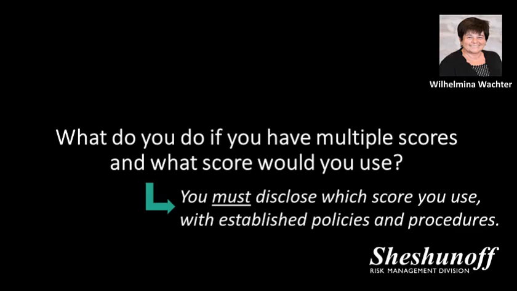The creditor should have policies and procedures established to determine which of the multiple credit scores is used in taking adverse action. If you use 3 scores to make your decision, then choose one of the 3 that was used and report it. If you use 3 scores and you use either the high, middle, or low, or most recent, report the one that you used. If you pull 3 scores and average them, choose one of the 3 that were used and then report that.